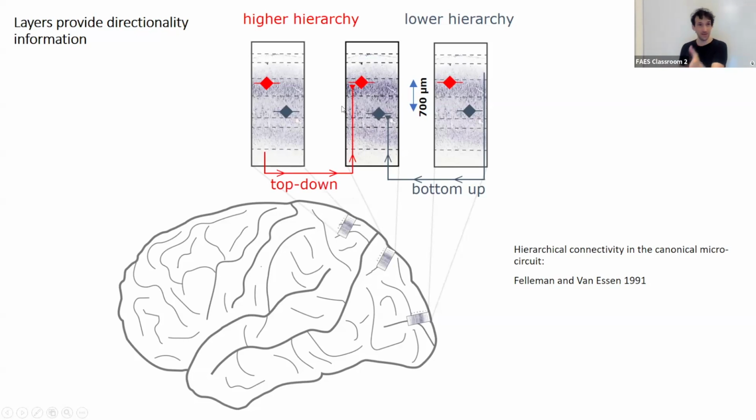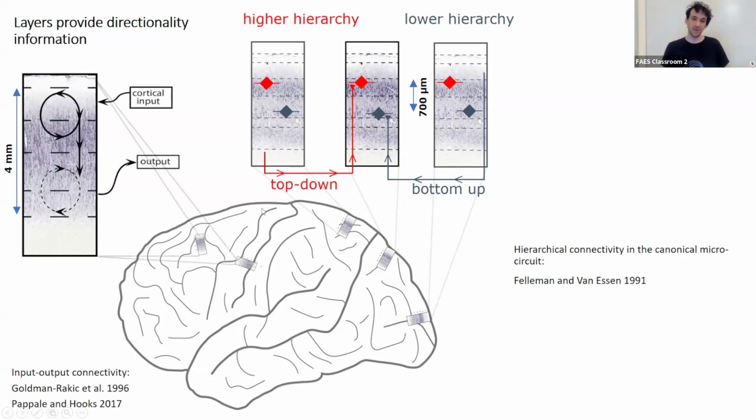So knowing this connectivity of how the neurons are wired allows us to not only tell if a brain area is involved in a certain task, but also, if we know which layer this activity occurs in, to tell something about whether it's feed-forward or feedback driven, where this activity is coming from. And this is a simplified model that works in some strictly hierarchically organized brain areas.